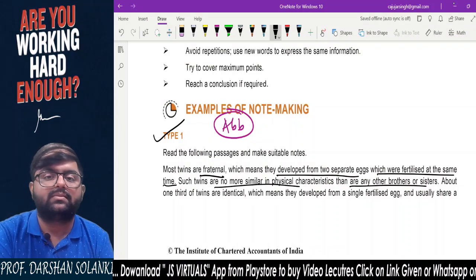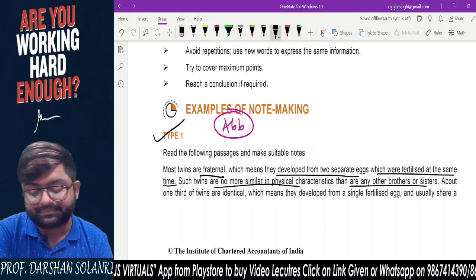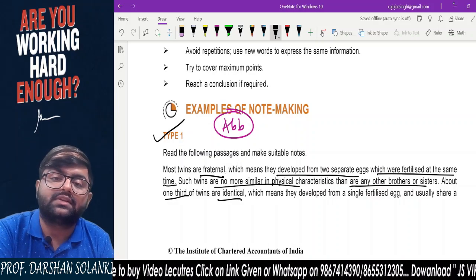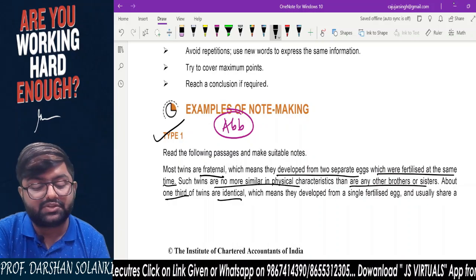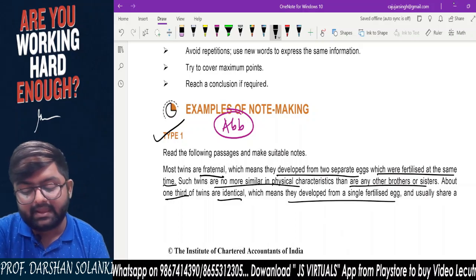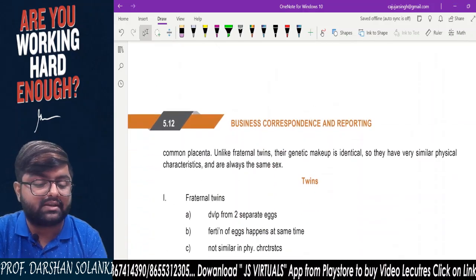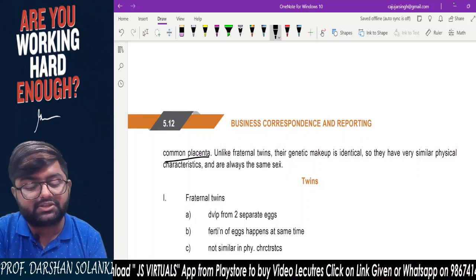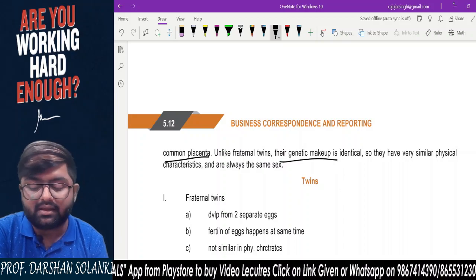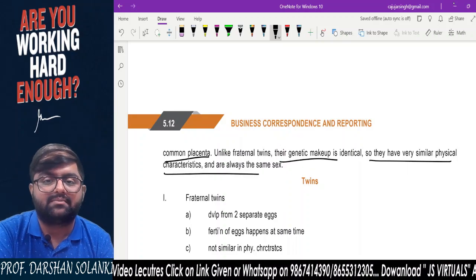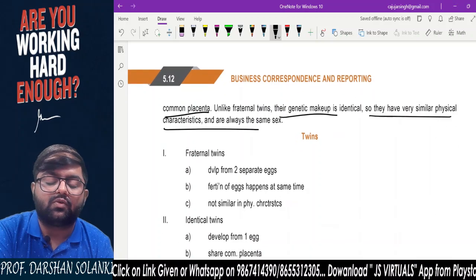About 1/3 of twins are identical, which means they develop from a single fertilized egg and usually share a common placenta. Unlike fraternal twins, their genetic makeup is identical, so they have similar physical characteristics and are always the same sex.